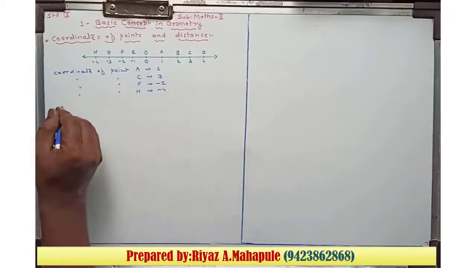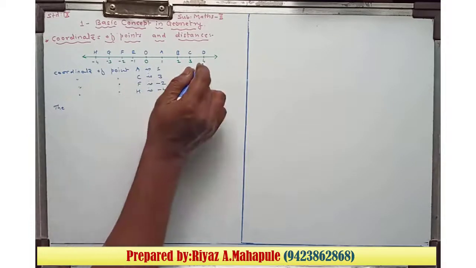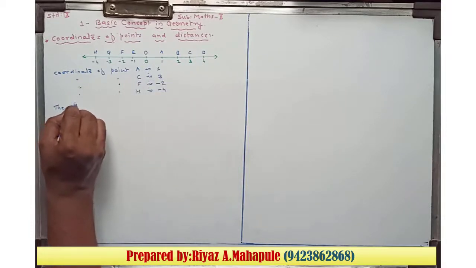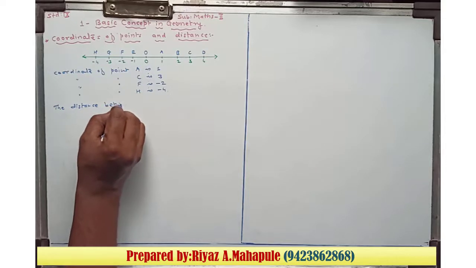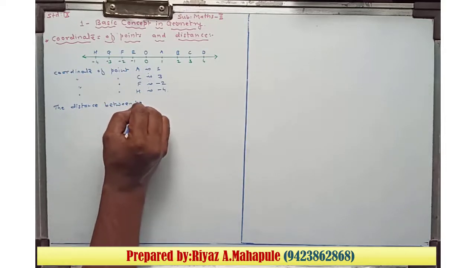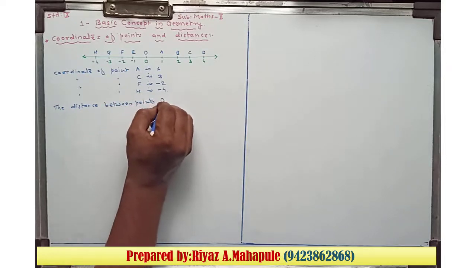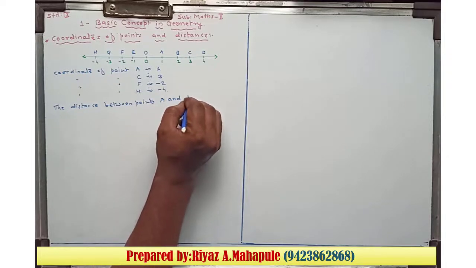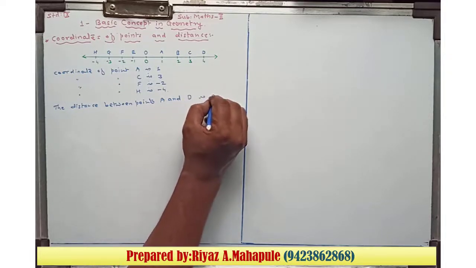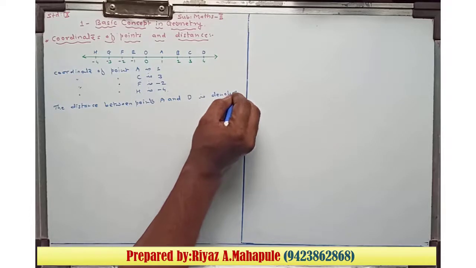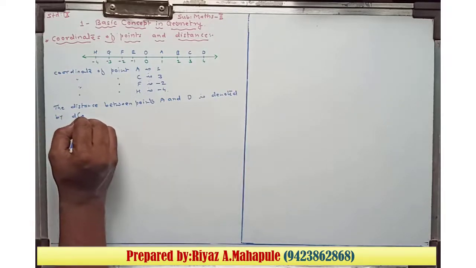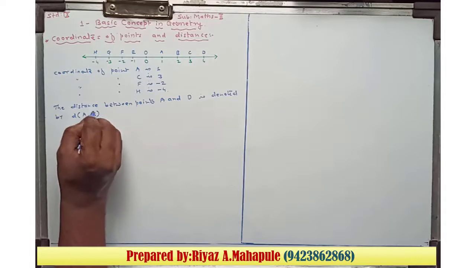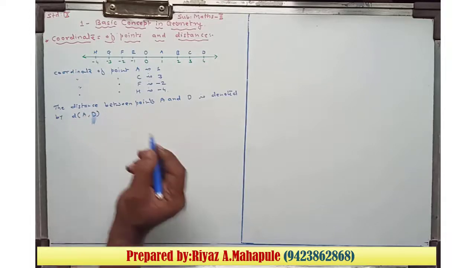Now the second part is distance. For this figure, the distance between points A and D is denoted by d(A, D).